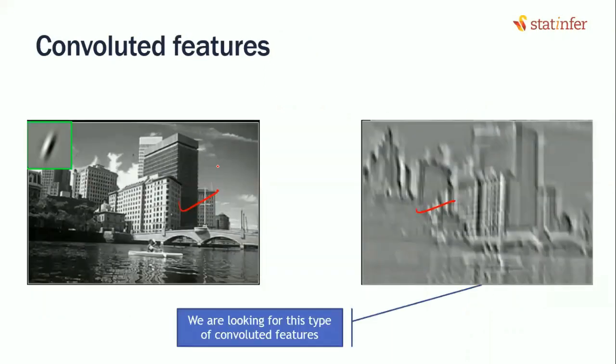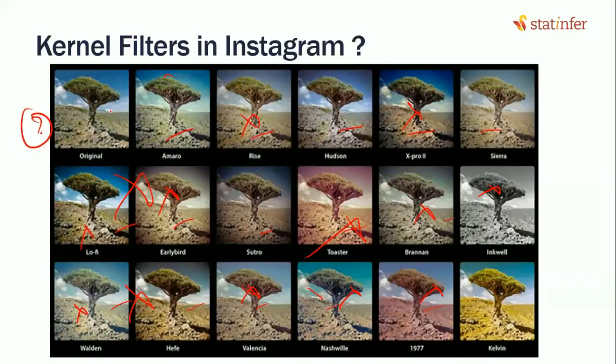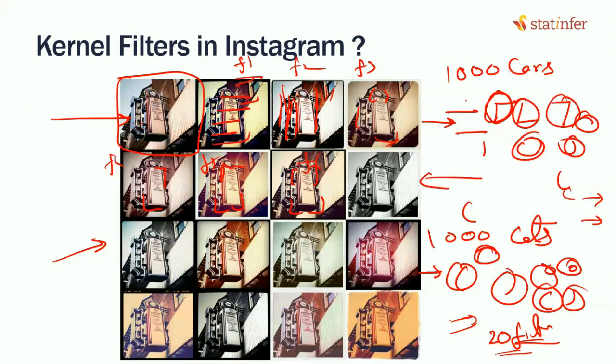Maybe in the filter of your Android phone or your iPhone or Instagram, they may have a static filter that will make the image look like this, such as Amaro, Rise, Hudson, X Pro. We are not interested in that. We are interested in the filters that will detect the features, not the filters that will just transform the images to a new value.